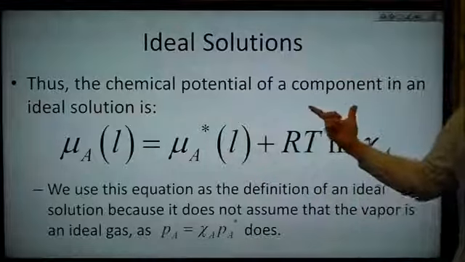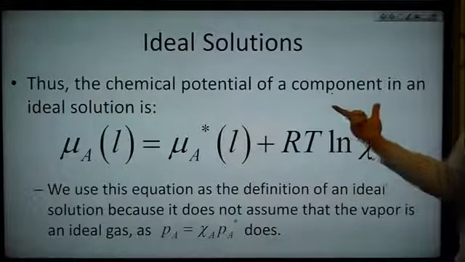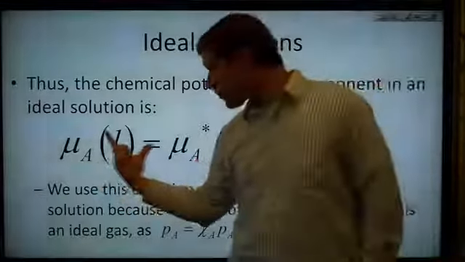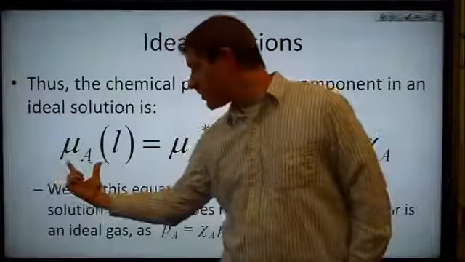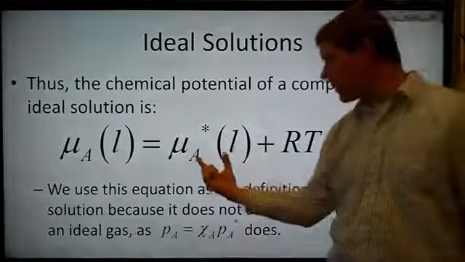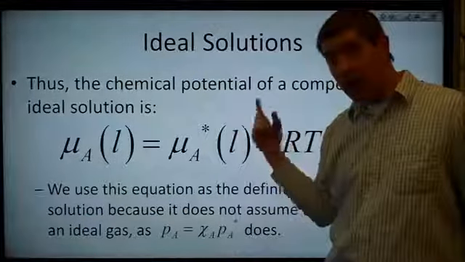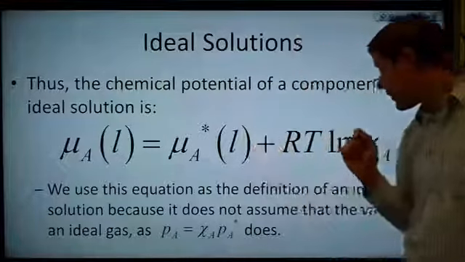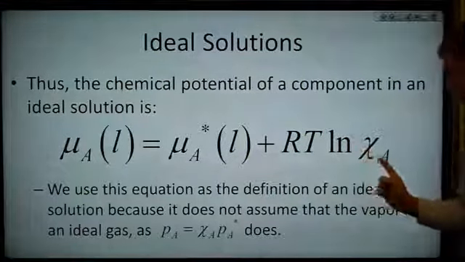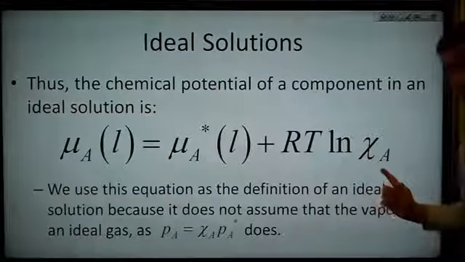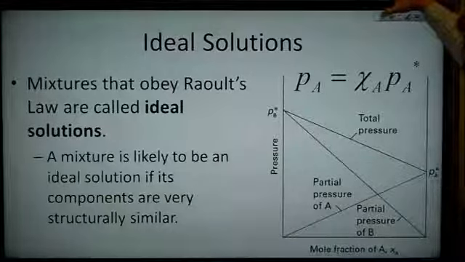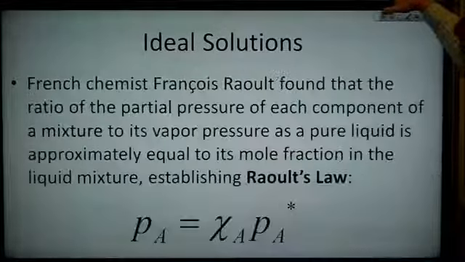So this means that the chemical potential of some component in an ideal solution is listed here. So we have the chemical potential of component A in liquid phase is equal to the chemical potential of A while it's pure, in its pure liquid phase, plus R times T times the natural log of the mole fraction of A. So note that here, to get this chi A, we've used this ratio.